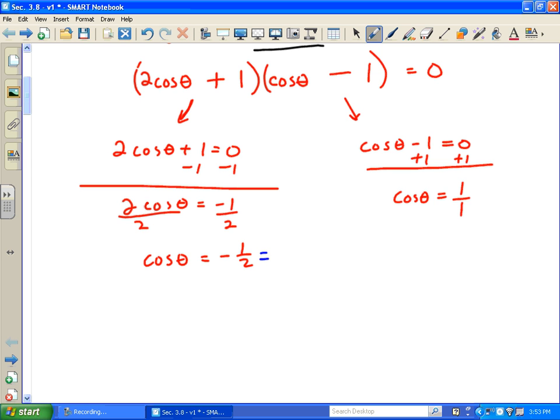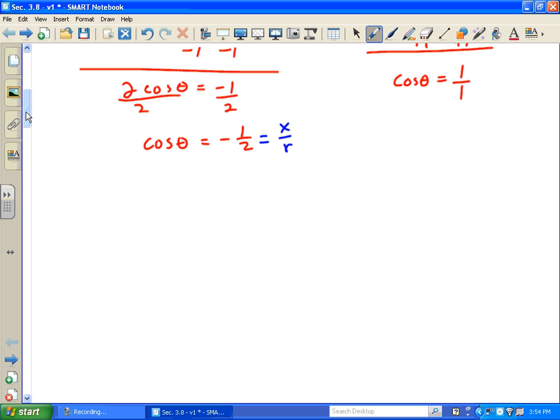This particular value I know is x over r. The negative I see needs to go up with the 1, so I'm going to draw pictures. X would be negative in quadrants 2 and 3. Okay, so we're going to go ahead and label that. We have the x is negative 1, the r is 2.